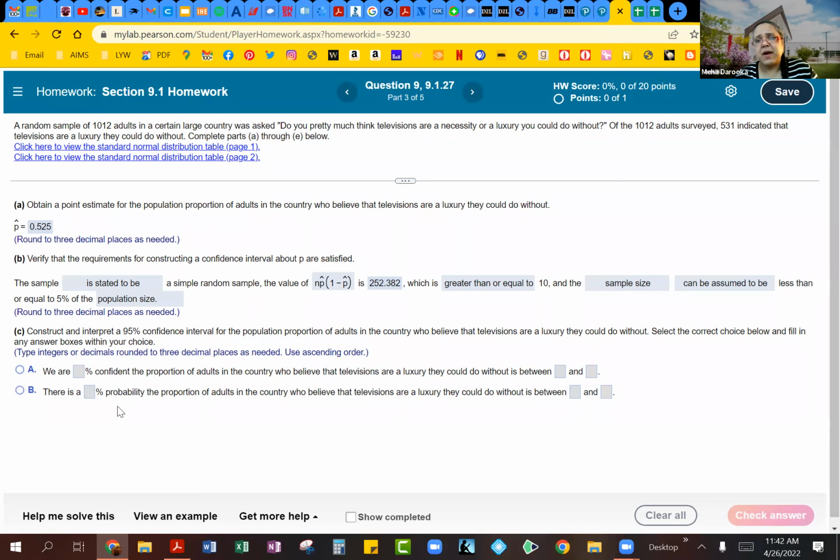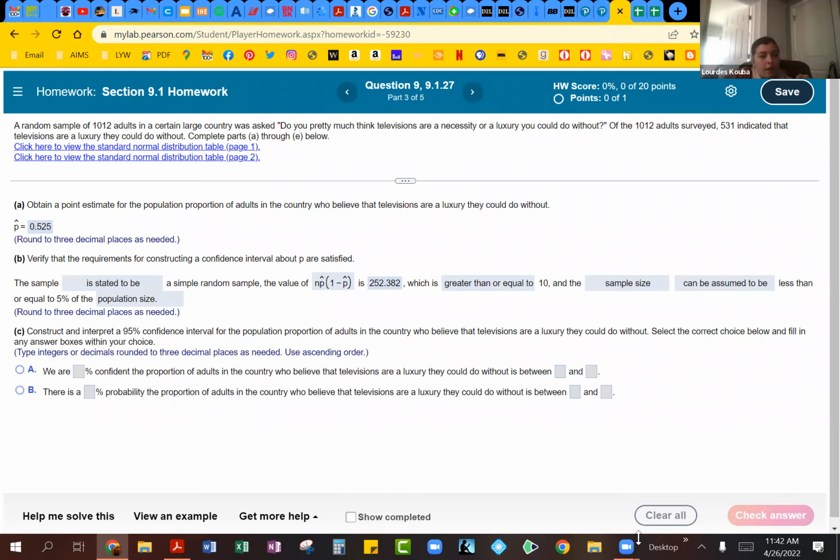What are you trying to find? What was question part C asking us to find? Aren't we finding a confidence interval?